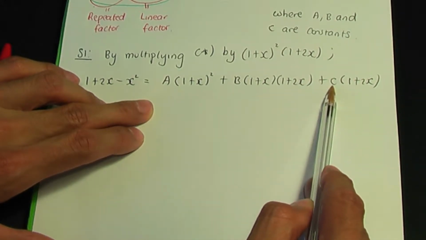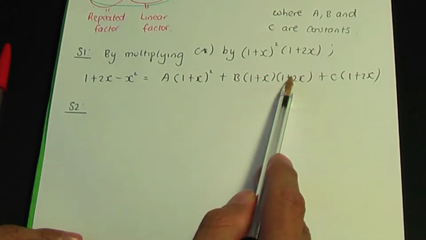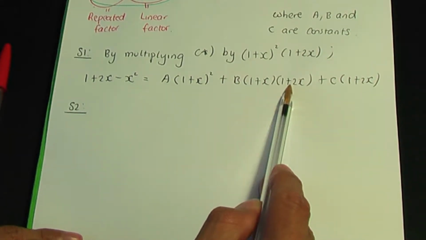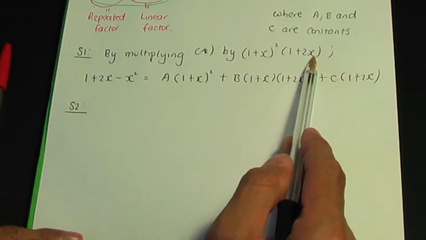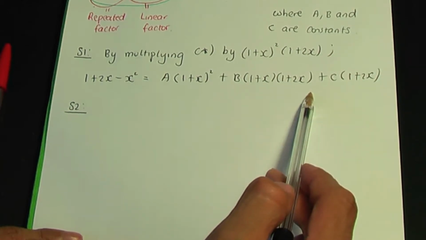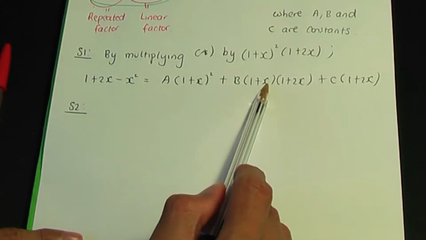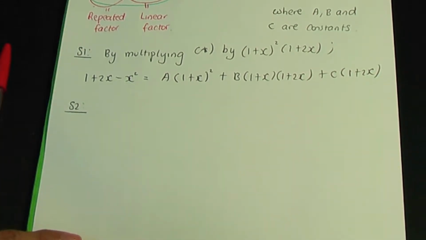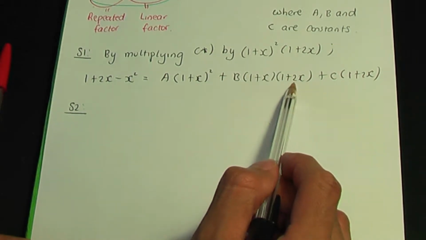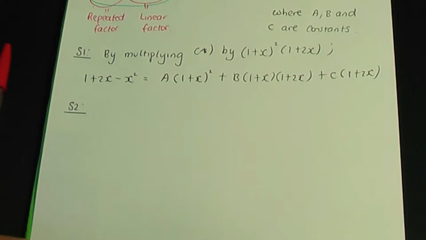In my c term also, I have a 1 plus 2x. So if I choose x to be minus half, I can get rid of b and c in order to work out a. If you took x as minus 1, you're going to get rid of b as well as a to work out c. That is entirely your choice, but I'm going to take x as minus half to get rid of b and c in order to work out a.